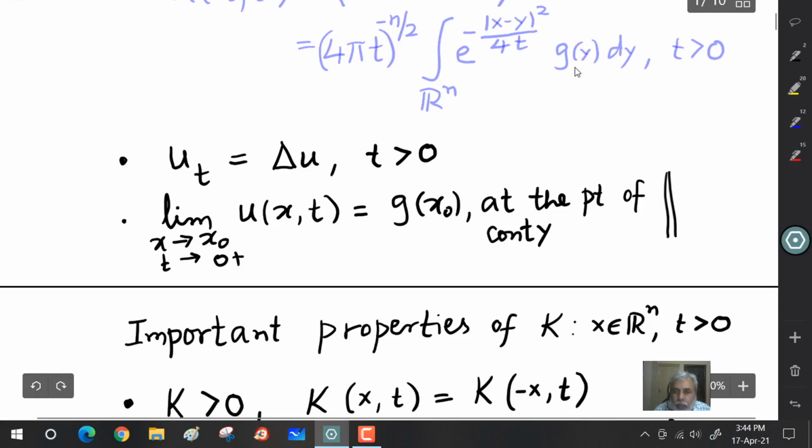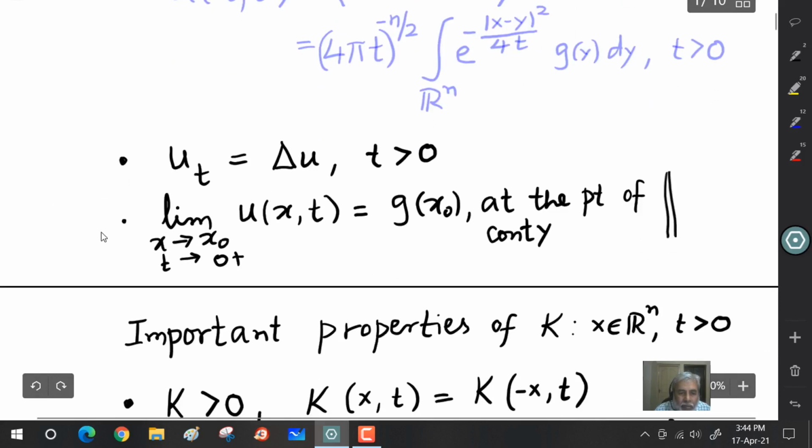So in particular if G is continuous everywhere, then this U given by the Poisson formula satisfies the initial condition in this limiting sense.